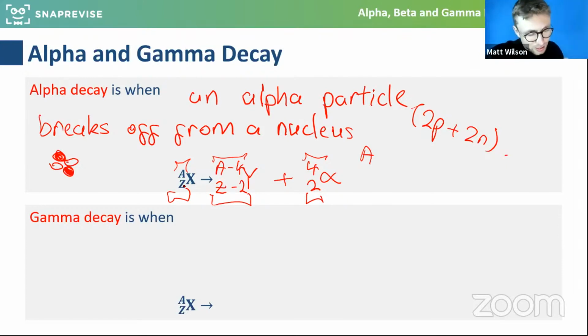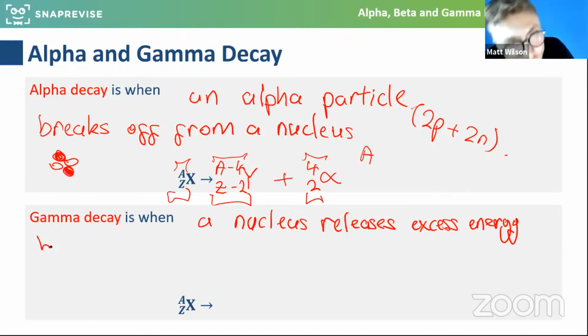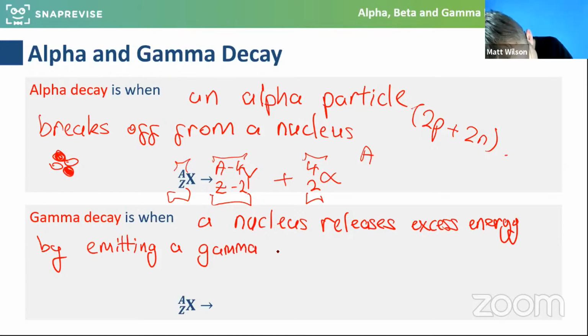Now, the easiest decay to think about is gamma decay. And that's because the only thing that really gets emitted is energy. So gamma decay is when a nucleus releases excess energy by emitting a gamma photon.